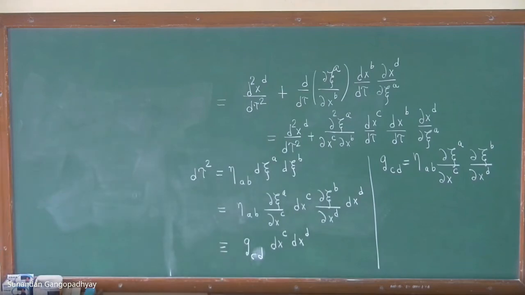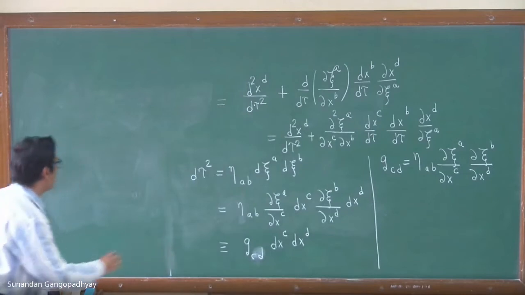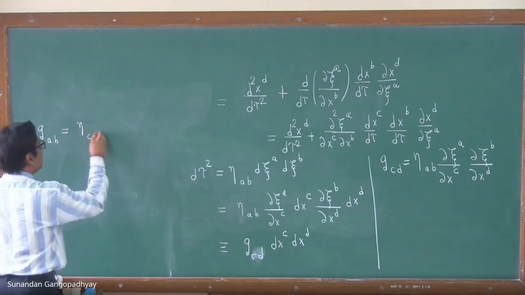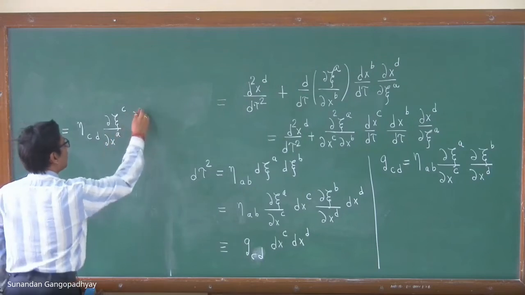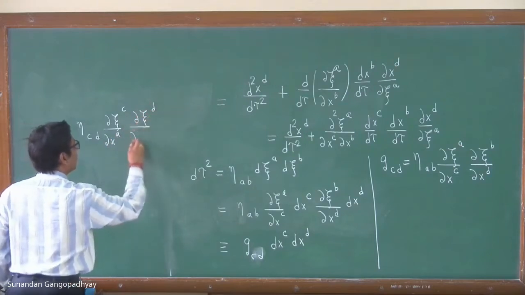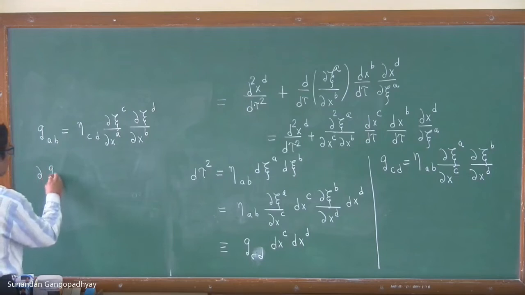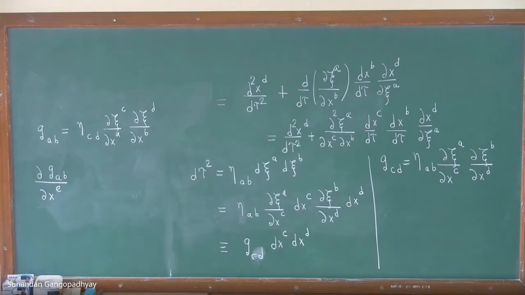Let me use that equation, and here you note that a, b are the indices, these are the three indices, but I shall write it with g_ab as my three indices. So this is theta, and let us take the partial derivative of this metric tensor with respect to x^e.